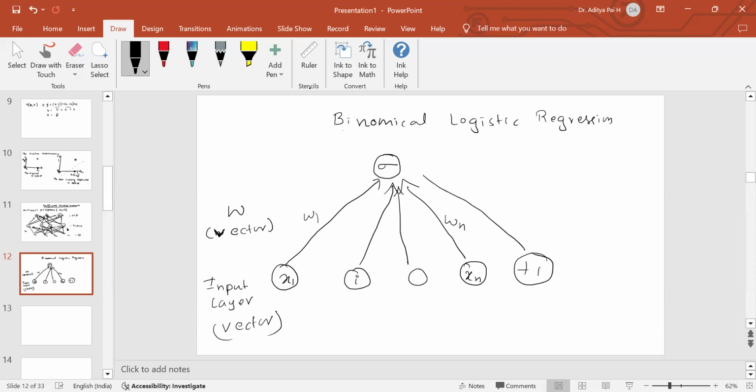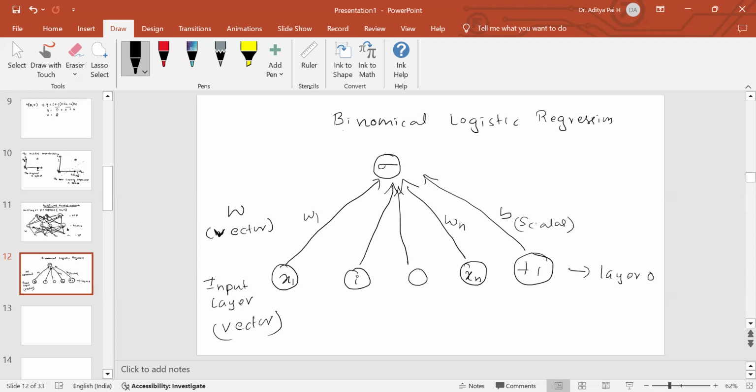The bias is b, and this bias is actually a scalar. You can see that the weights are in vector form, whereas the bias is a scalar. So this is my layer 0. In a neural network, you don't consider the input as the first layer. Only the hidden layers or the output layer are considered as the first layer.